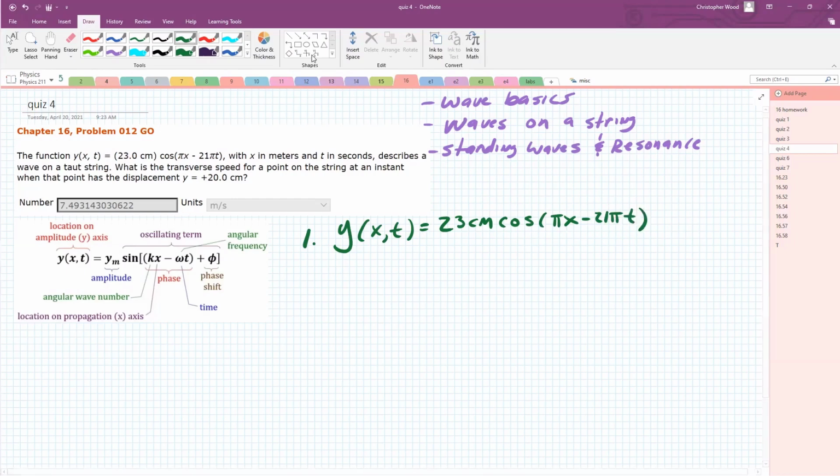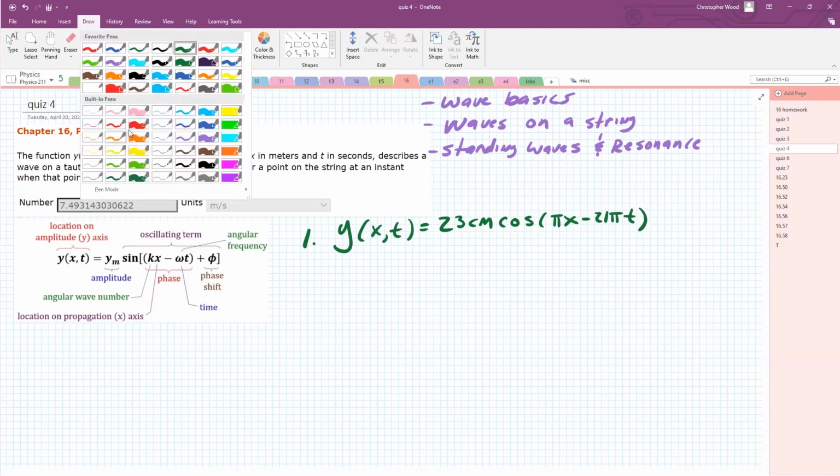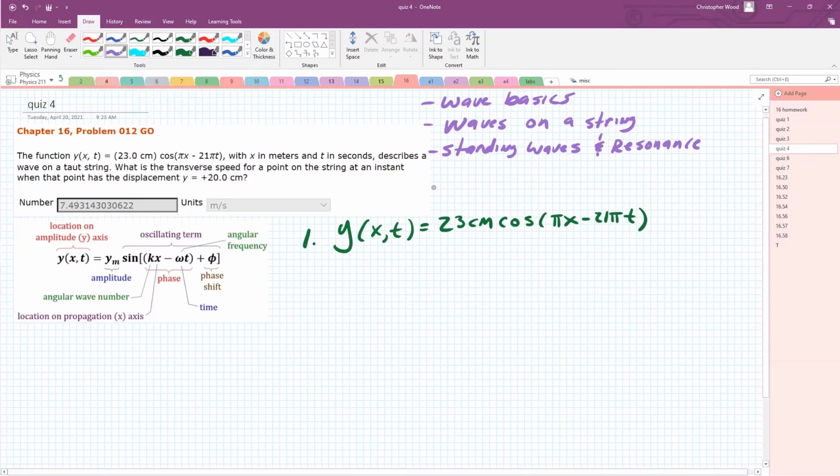Right away, just through observation, we can say y sub m equals 23 centimeters, k equals pi, and omega equals 21 pi.